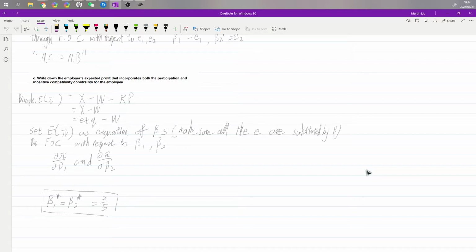Given all this information, you will know where to invest and how much to pay your employees. So this is basically what is told by the function. And that concludes part C.